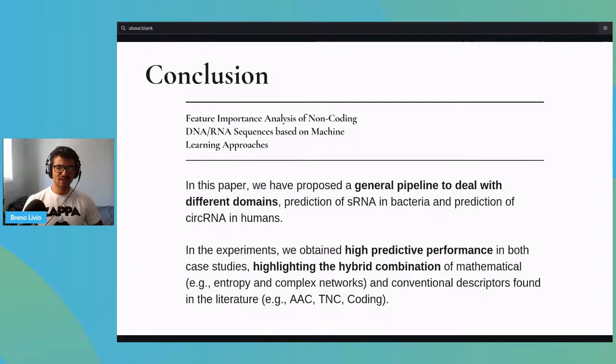To experimentally assess the best features, we used 2 case studies. In the experiments, we obtained high predictive performance in both case studies, highlighting the hybrid combination of mathematical descriptors such as entropy and complex networks, and also the conventional ones, such as the TNC. And finally, we realized the inclusion of hyperparameter optimization and AutoML improved the performance of non-coding sequence predictive models.